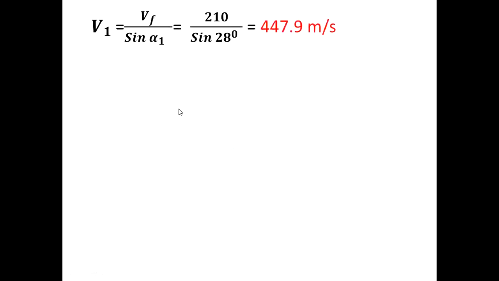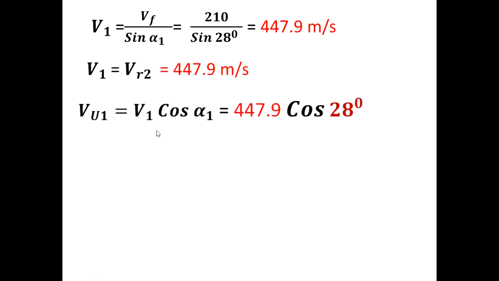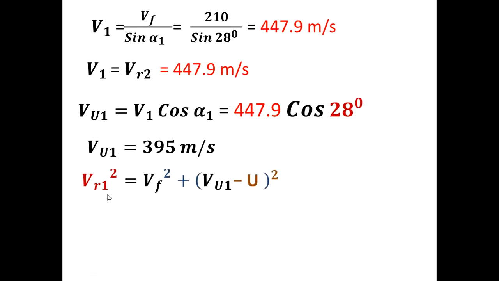V1 is equal to Vf by sin alpha 1, V1 is equal to this much. Vu1 is equal to V1 cos alpha 1, you got Vu1 is equal to this much. Therefore VR1 square is equal to, from the velocity triangle you can find, Vf square plus Vu1 minus U whole square. So VR1 is equal to this one.